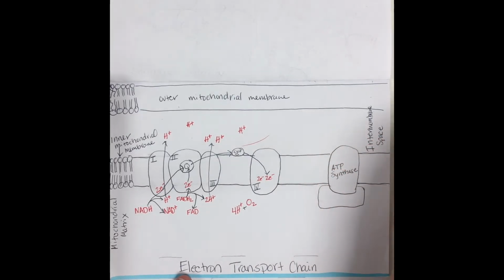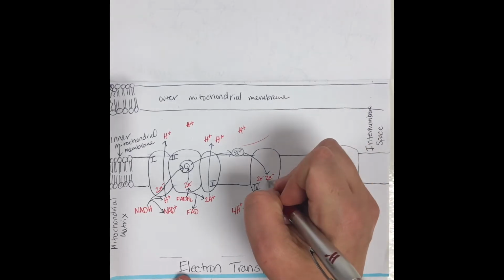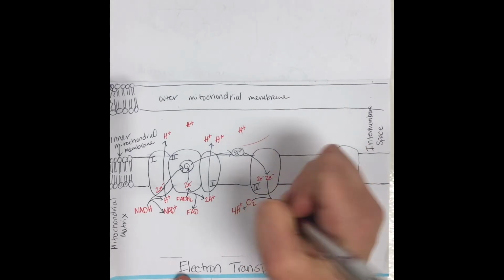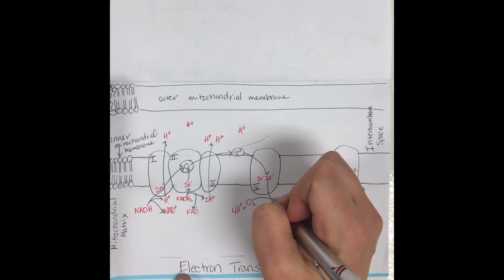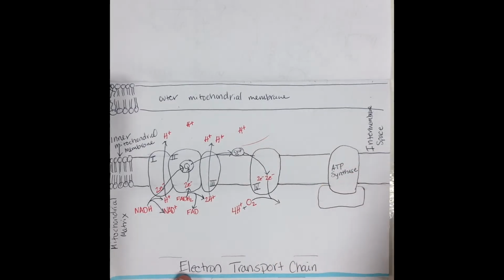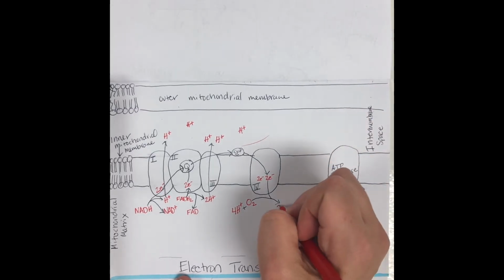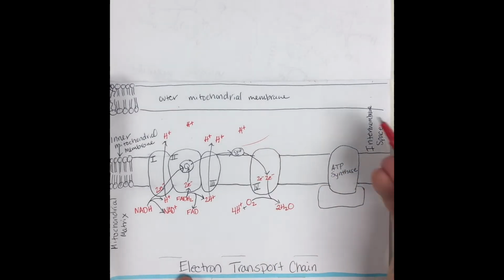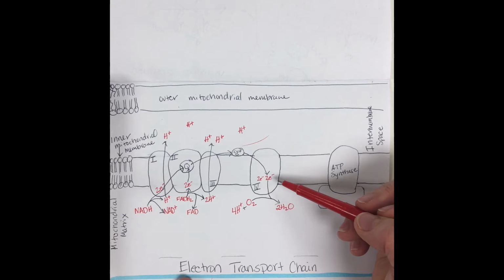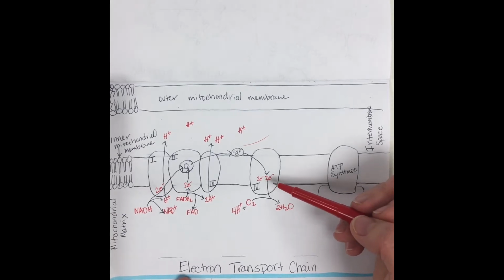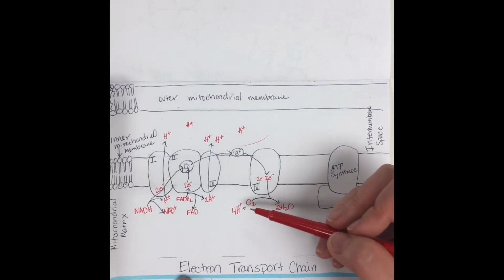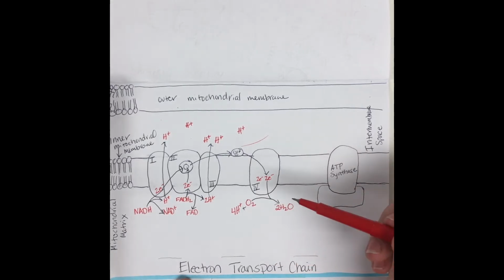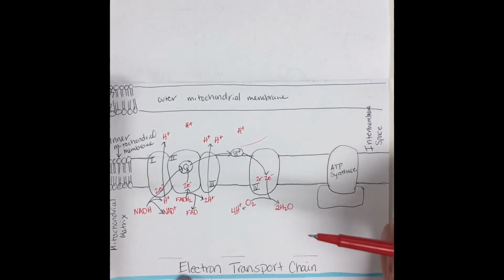And then they are going to come together with these guys, and they're going to make 2 water molecules. Because this is the end of the line for the electrons, we often refer to these oxygens as being the final electron acceptors, okay?